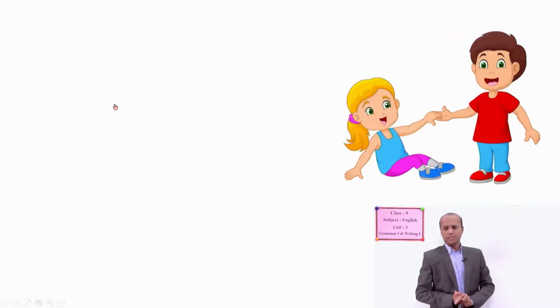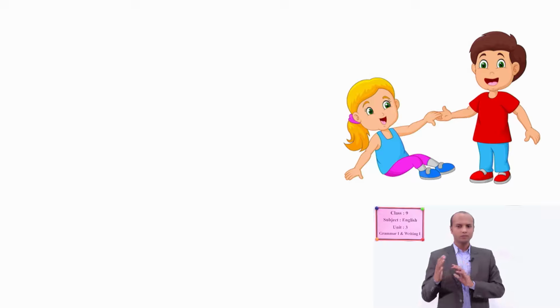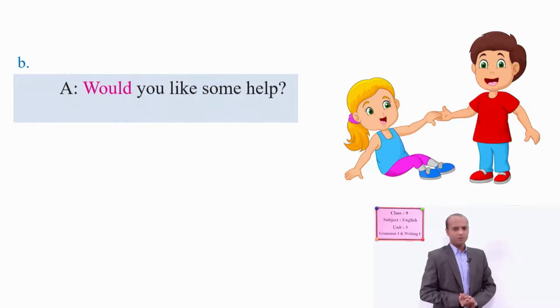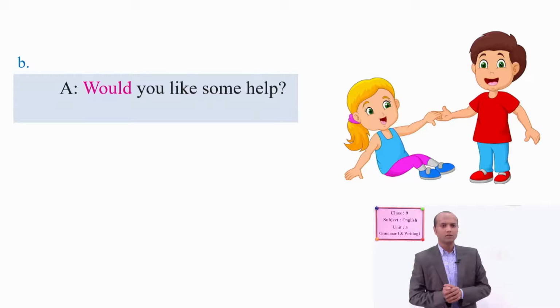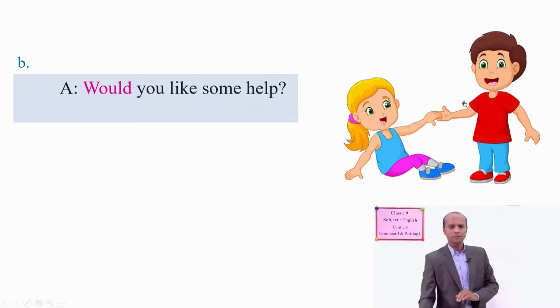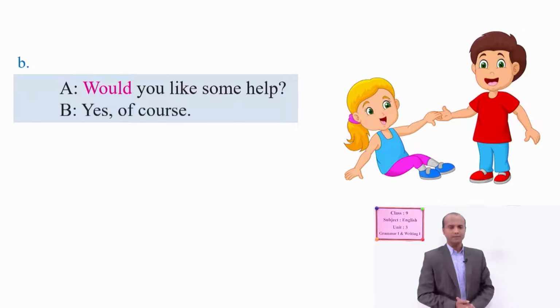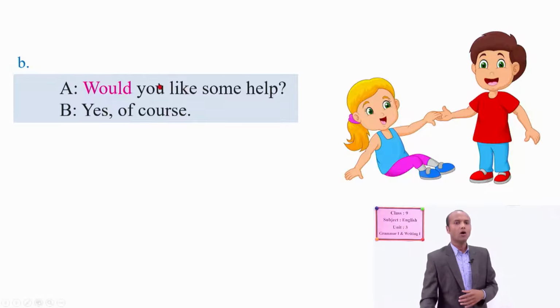Can you guess what dialogue you are going to read now? Very good. So, would you like some help? Look, the lady is lying there, and the boy wants to help perhaps. That's why he is asking her, would you like some help? And she might reply, yes, of course. Okay, so this is an offer.